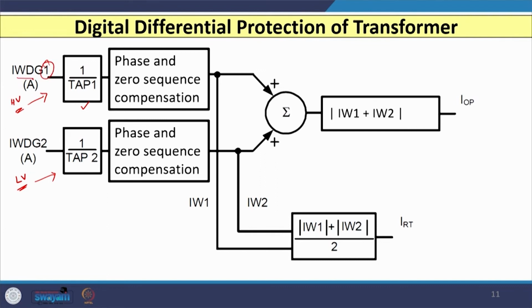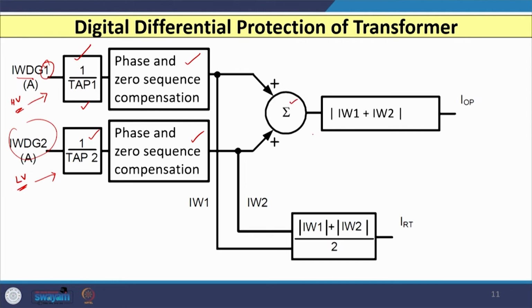That is compensated, meaning magnitude compensation is done by this tap equation, and then we want phase sequence and 0 sequence compensation. That also we can achieve mathematically using a matrix. Similarly, for the other side winding, that is IWDG2, we have magnitude compensation and phase and 0 sequence compensation, and both these values will be given to the summing block.